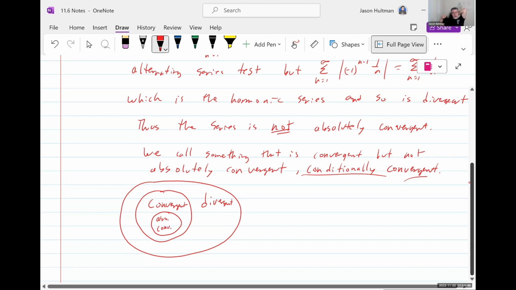Okay, so absolutely convergent is a stricter convergence. If something is absolutely convergent, then it implies that the original was convergent itself.